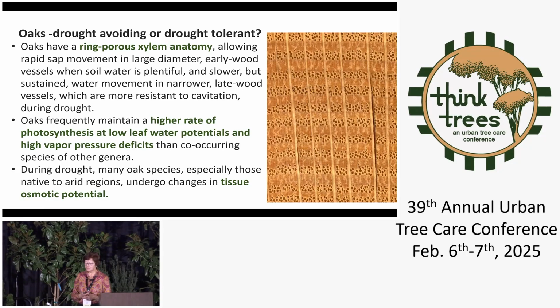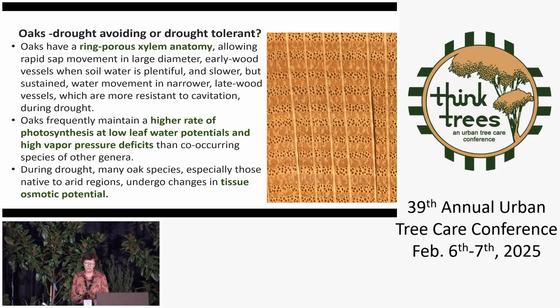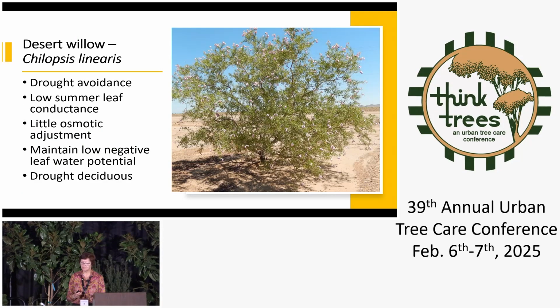But during the drought, they undergo changes in tissue osmotic potential, so they're using that osmotic adjustment also as a tool. So based on all these things that were reported in different research articles, we can conclude that the oaks can be drought avoiders, they can be drought tolerant, or they can switch as needed, depending on the situation.